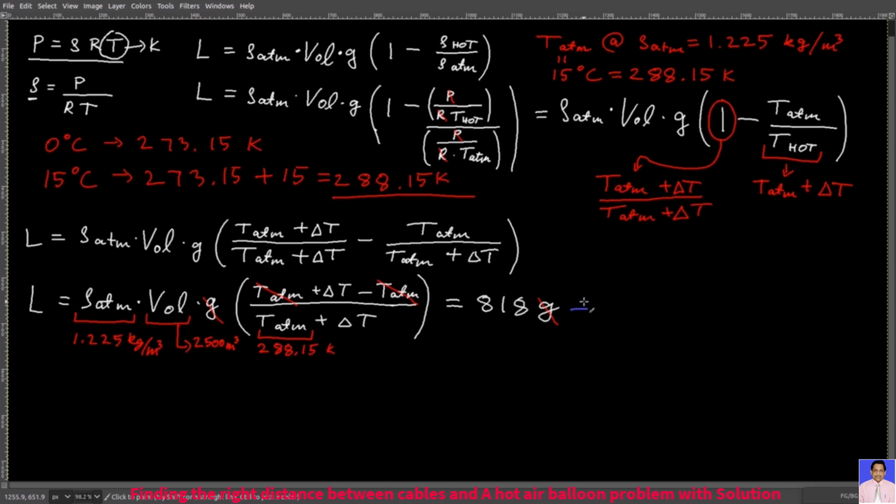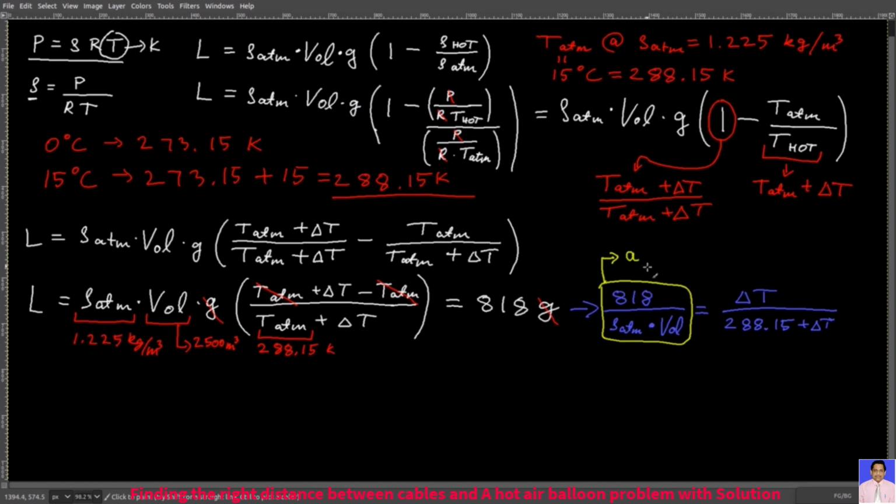So how about I rewrite this equation like this: 818 over rho ATM times volume equals delta T over 288.15 plus delta T. For now, I'm just going to call this ratio A, which equals 0.2671, but I will keep it as an A for now.